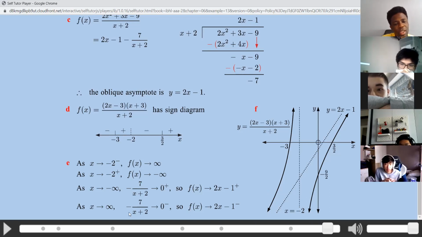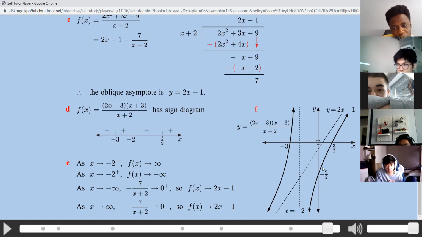Are you with me? Similarly, when x tends towards positive infinity, which means when x is going in this direction, it is going to approach the oblique asymptote from below. You remember, we have only sketched this before, and we stop here.